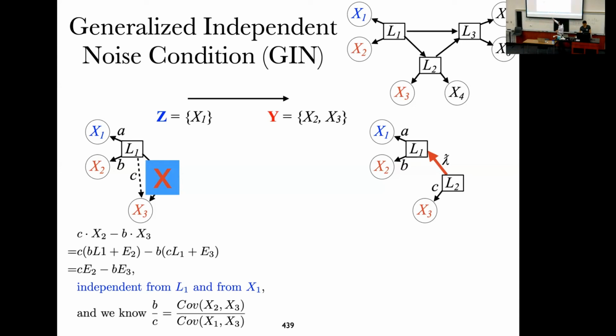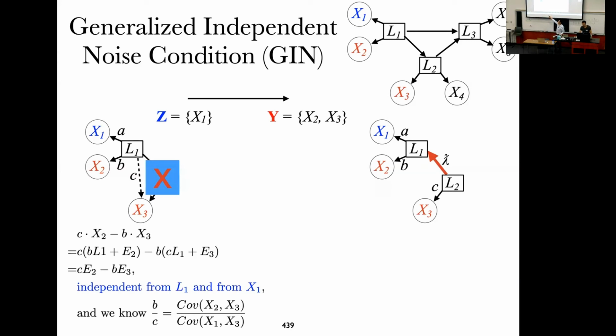So right here, can you find the ratio? As long as you find the ratio, you can find a linear combination to satisfy that condition, right? It's so easy because the ratio of B to C is nothing but the covariance between 1 and 2 to the covariance between 1 and 3. Why? Because the covariance between 1 and 2 would be A times B times the variance of L1.